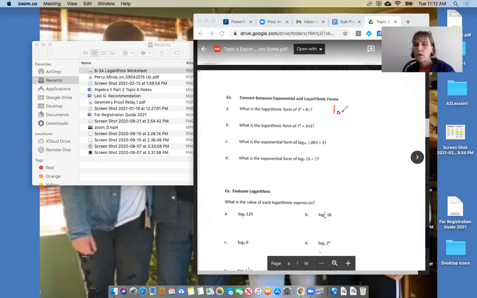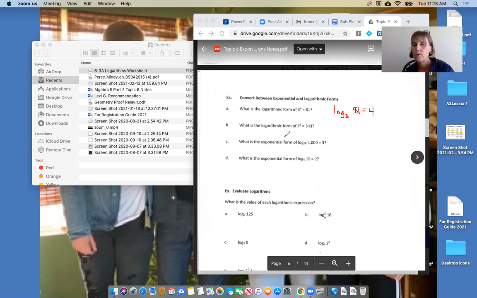So you'd write the word log. That stands for logarithm. The base is a subscript. You write it just a little bit below. So log base 3, and then I put 81, and it equals the exponent. The exponent in the problem is the 4.